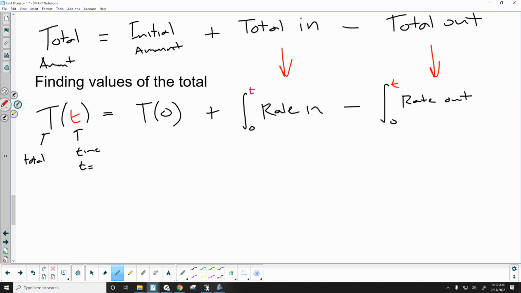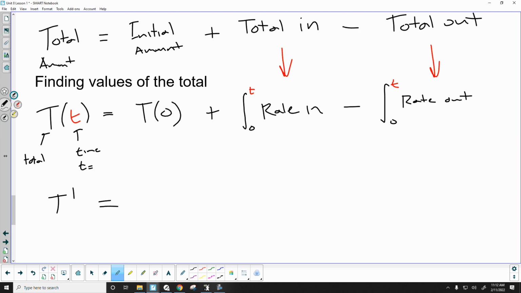It's not necessary to do this, but let's just take the derivative of this, because the derivative of the left is just T prime. T of 0 is just the initial amount, it's a number. So what's the derivative of this initial amount? 0, very good. So that's gone.